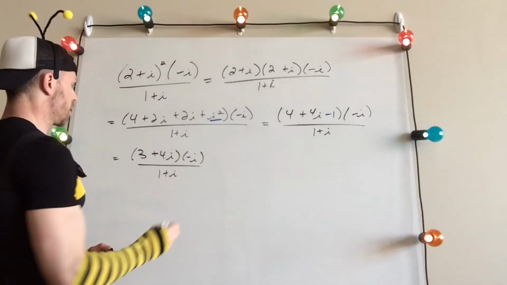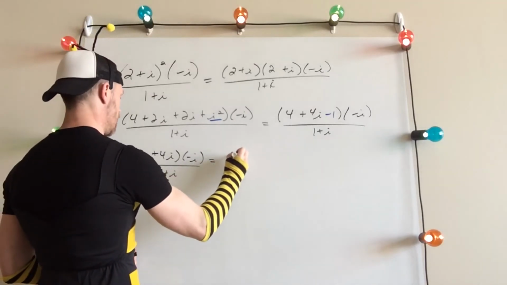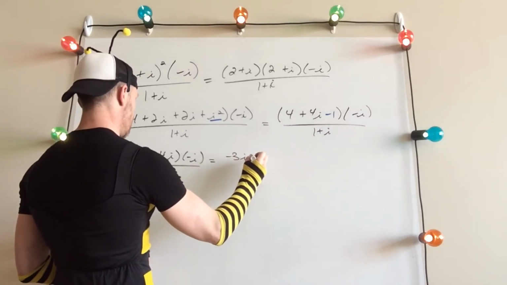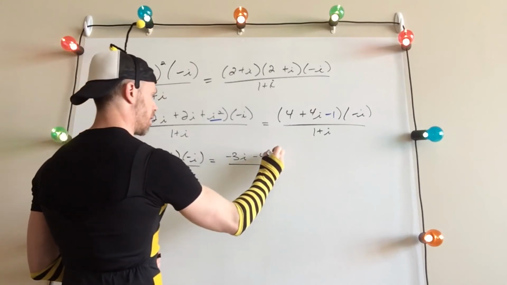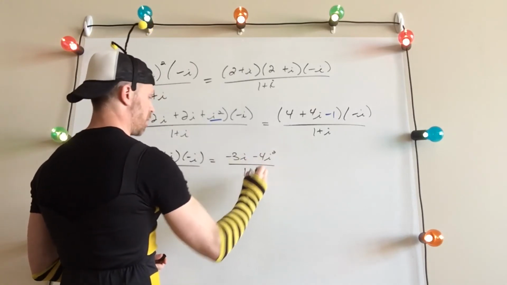Still not done with that numerator. Negative 3i minus 4i, or i squared, over 1 plus i.